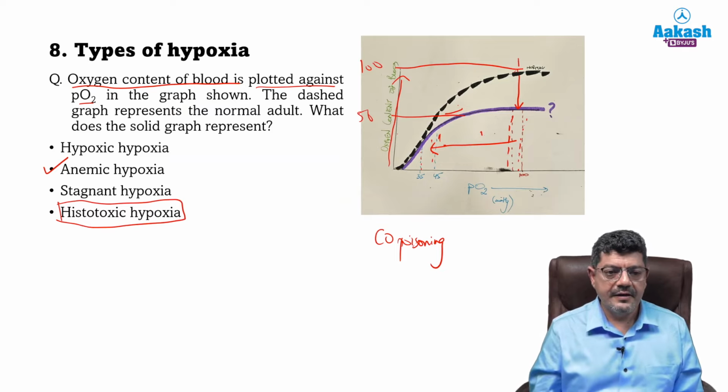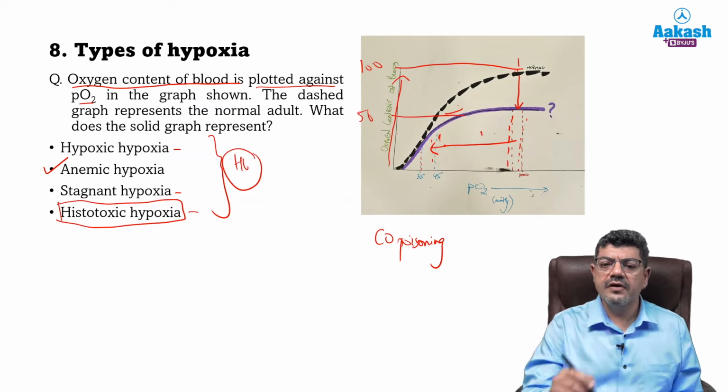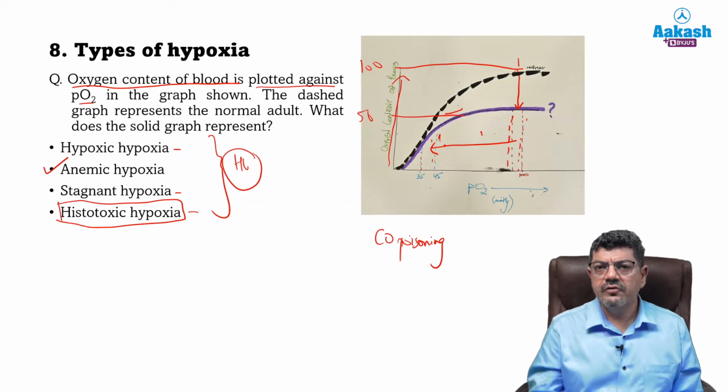Okay, right. And in none of the other types of hypoxia, hypoxic, stagnant, or histotoxic, would hemoglobin be unavailable for binding oxygen. Can you think of any other condition where hemoglobin would not be available? Methemoglobinemia. Okay. Anything else that's much more common?